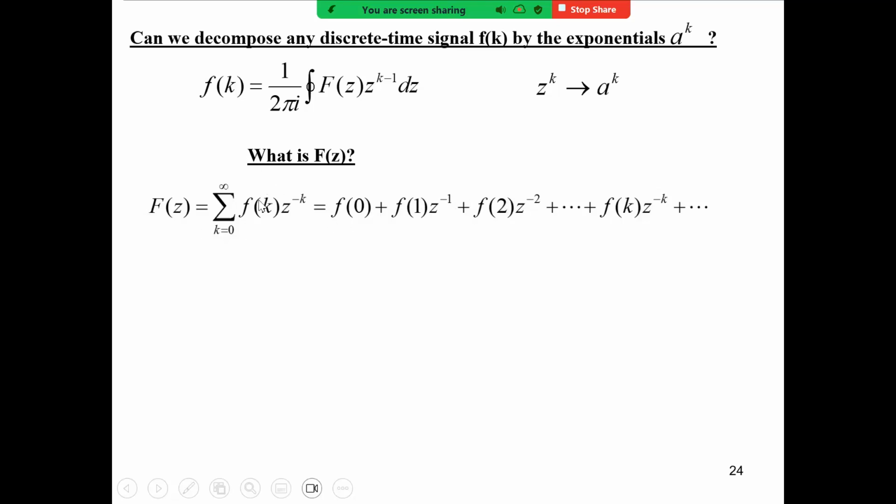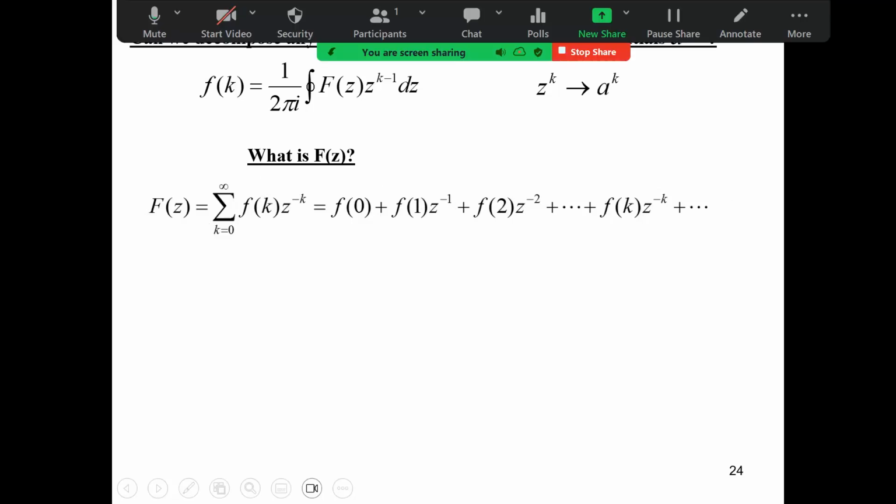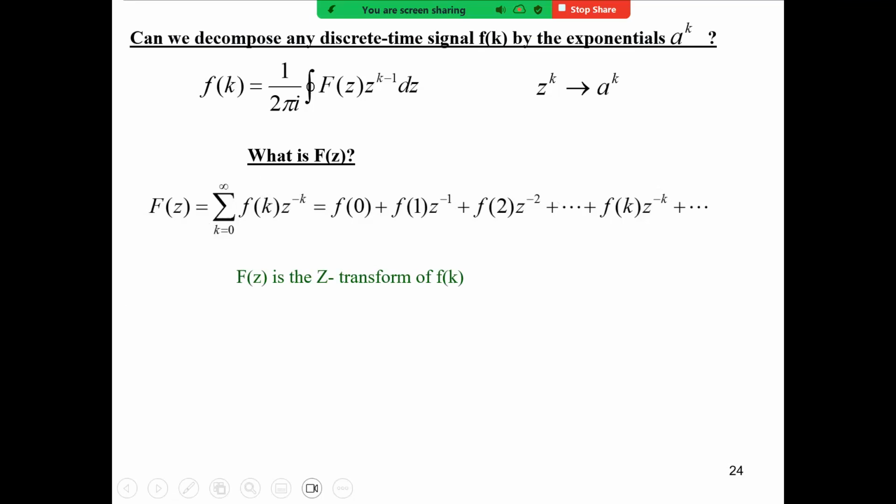So it is f of k times z to the minus k, and that's the expression for F of z. We call it the Z transform of a discrete time signal. This is the equivalent of the Laplace transform in continuous time.